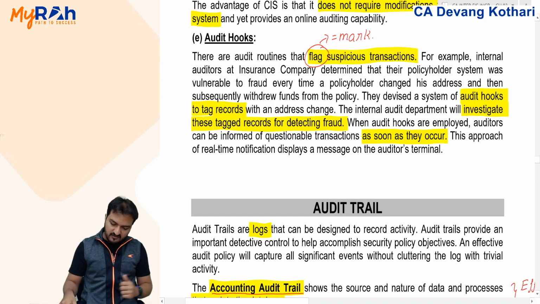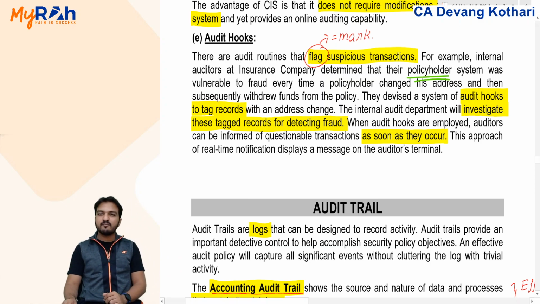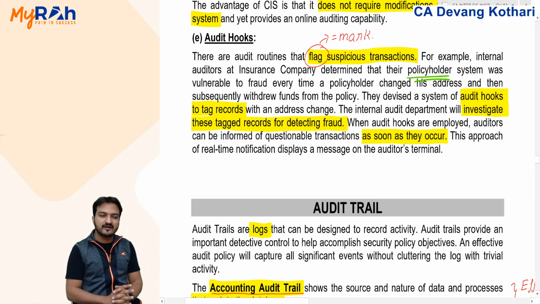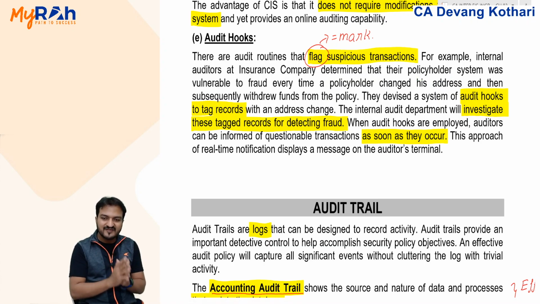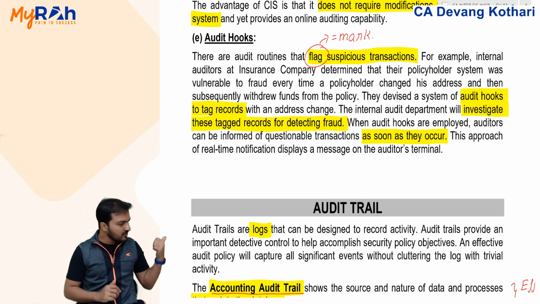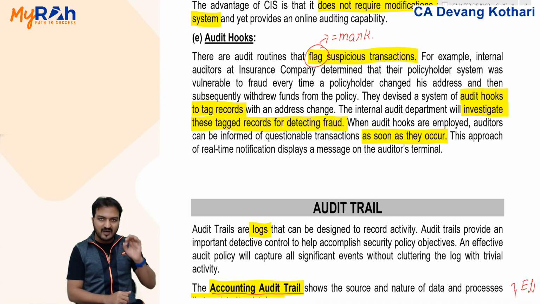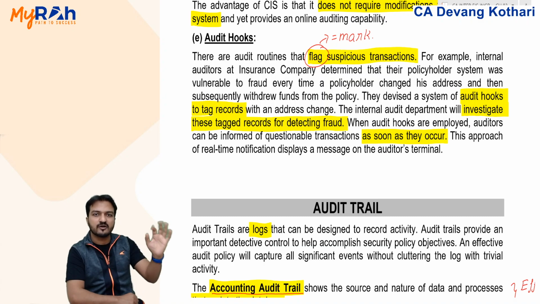Like, say, take the example of an insurance company, where there is some problem in the insurance company software: if the policy holder applies for an address change, then some error arises in the system. What I did was I used the audit hooks software, and I told it to flag all the address change requests.